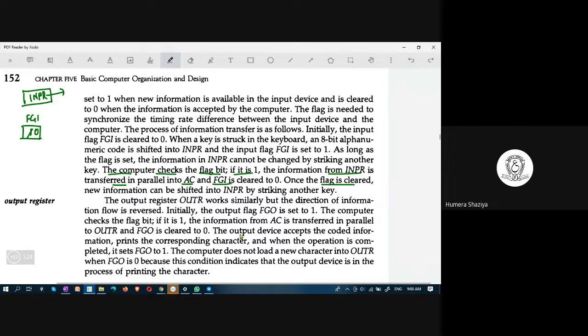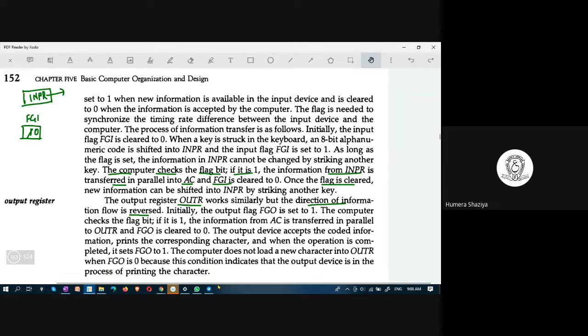All right. Similarly, the OUTR works, but the direction of information is reversed. What do you mean by the direction of information being reversed? From the input register, the accumulator is accepting the value, whereas from the accumulator, the value is transferred into the output register.